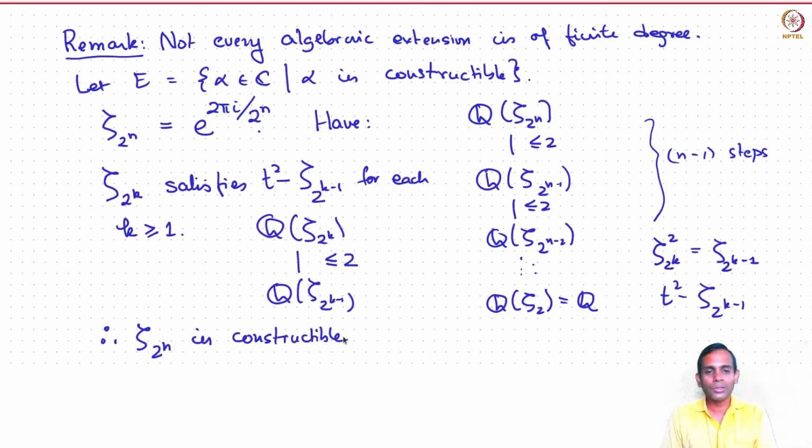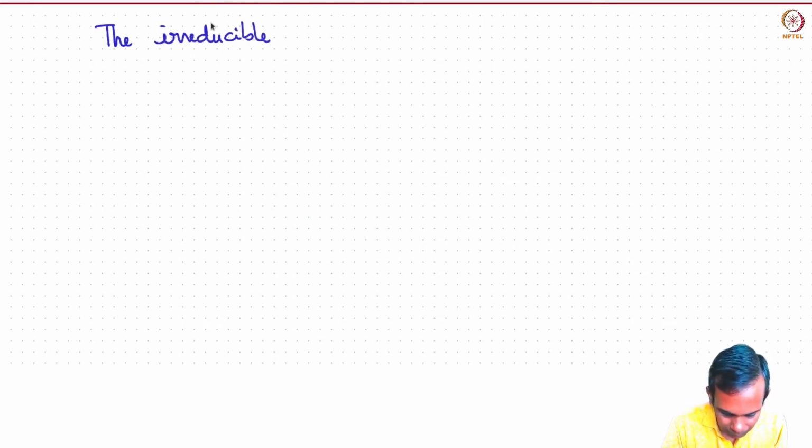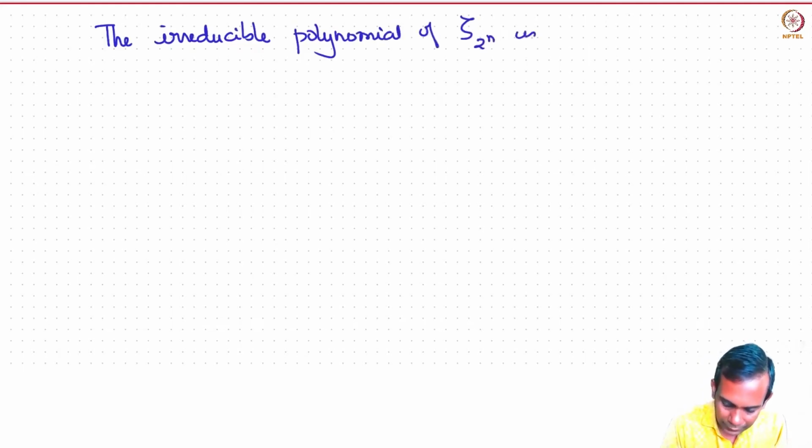Okay, but we also know a little more about ζ_{2^n}. We have shown that the minimal polynomial, the irreducible polynomial of ζ_{2^n} is t^{2^{n-1}} + 1.